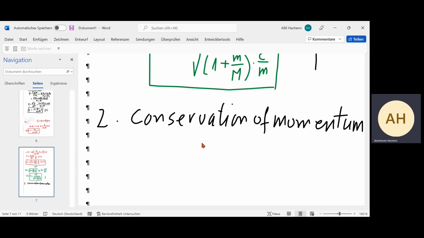We know that the conservation of the momentum says that the sum of the forces must be equal to the sum of the masses multiplied by the velocity.